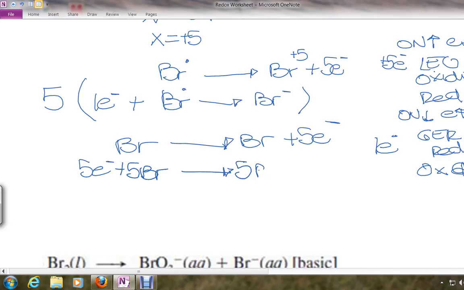You have to multiply the whole one, and this is a charge, so you need to keep the -1 here. Then you add them.